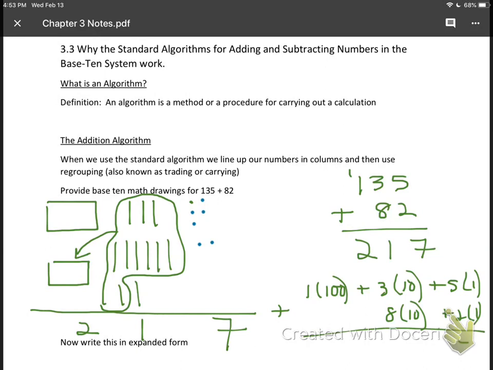So starting from the right, I have 7 1s. I have 8, 9, 10, 11 10s. Whenever I have 10, it's going to go over. So one of these will go over and leave me with only 1 10. Okay, so we'll make that a 2.